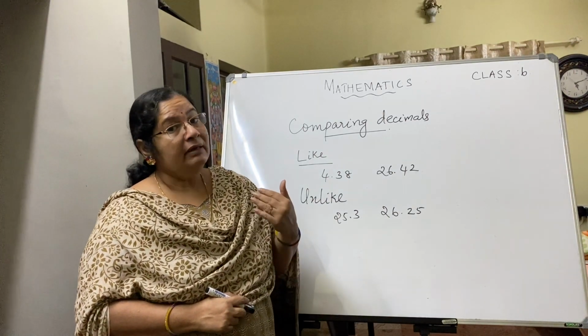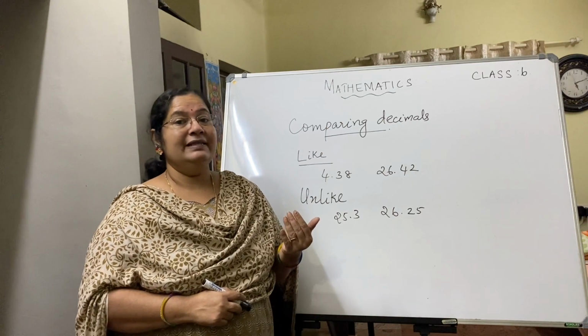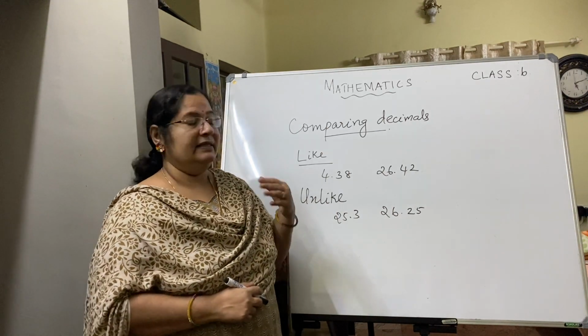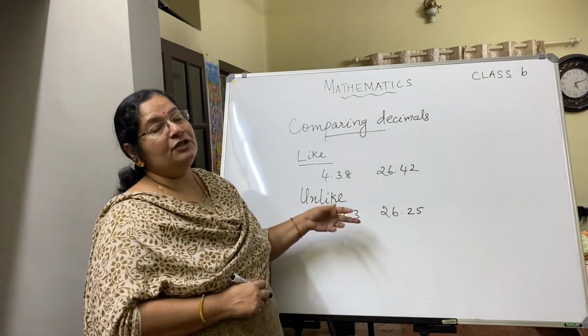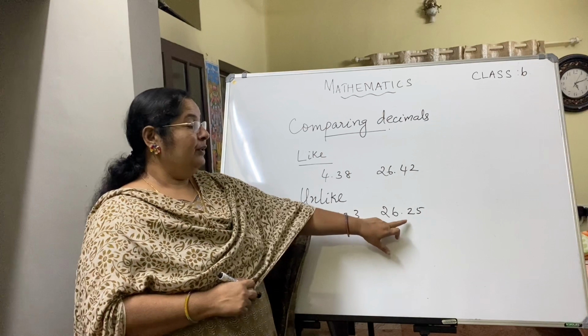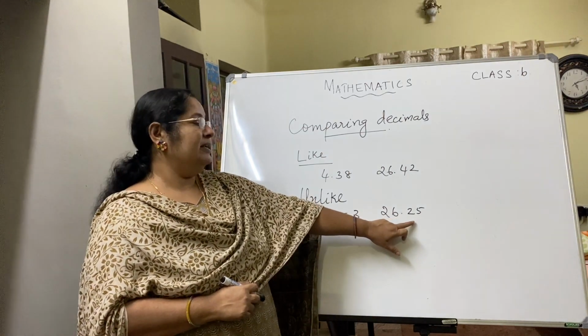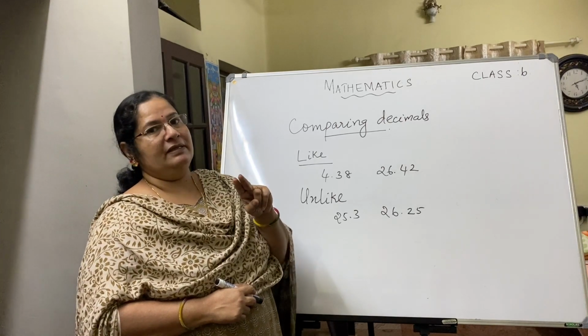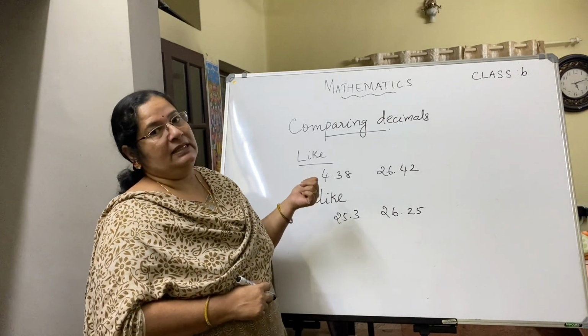To make them like, that is both of them should have the same number of decimal places, 25.3 having one decimal place should be changed. 26.25 has 2 decimal places, so this also should be made 2 decimal places.